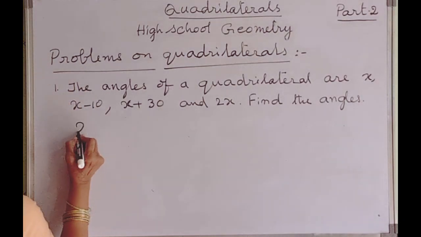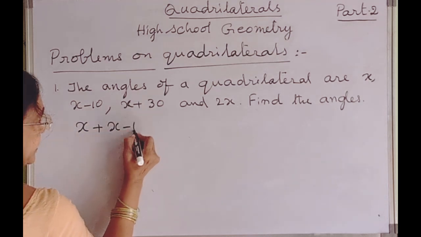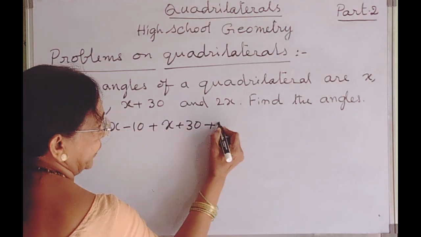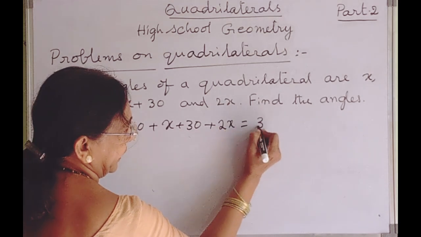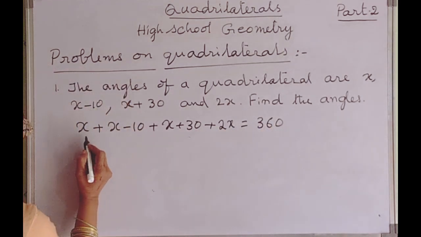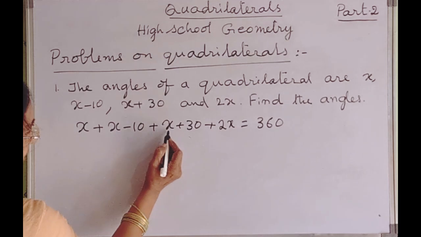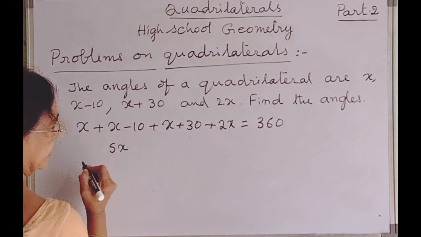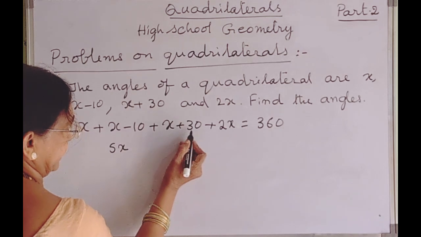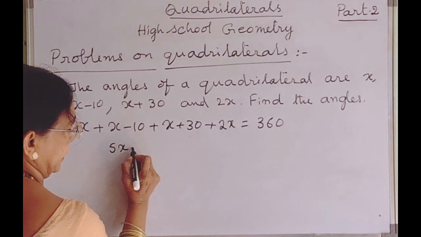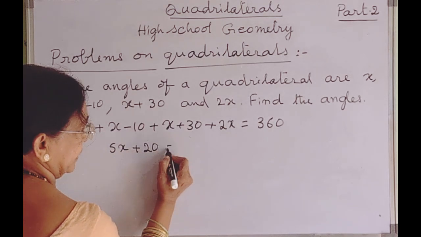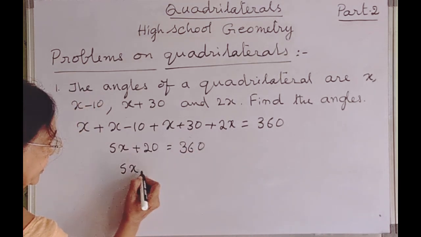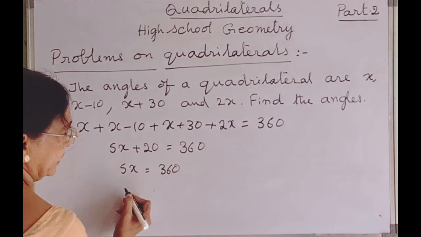Therefore, x plus x minus 10 plus x plus 30 plus 2x is equal to 360. So x plus x is 2x, plus x is 3x, plus 2x is 5x, minus 10 plus 30 is plus 20, so 5x plus 20 is equal to 360.